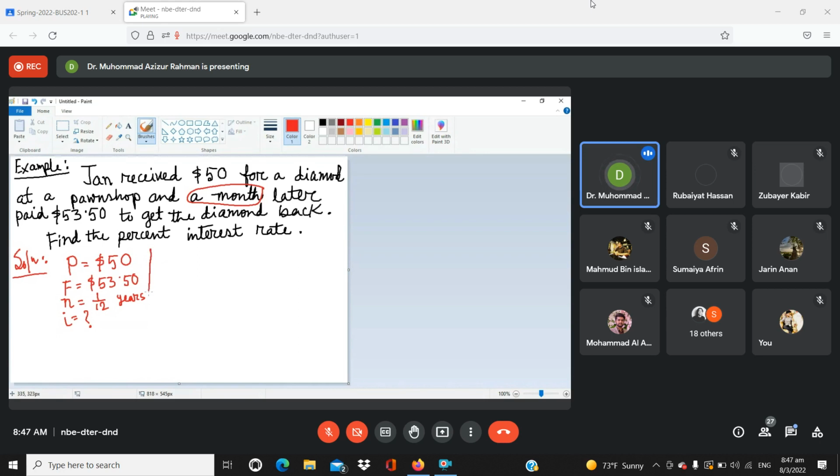So if we use just our formula F equals P into (1 plus I n), everything we know. You can put values here. Then we can calculate the I. So can you do this calculation? See how much is the value of I? Yes, sir.